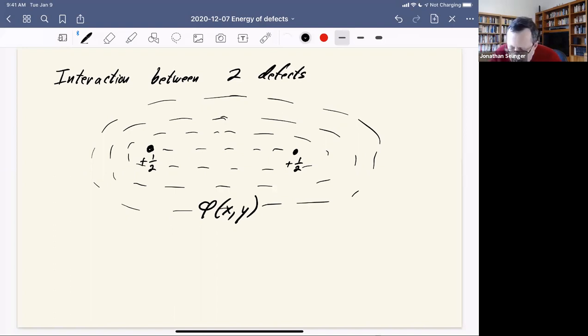This calculation actually is not as hard as you might think. When we are in the approximation of equal Frank constants, that is the simplest Frank free energy, the calculation is not so bad because the equation that we are solving is this variational derivative equal to 0, which means that the Laplacian of phi is equal to 0.